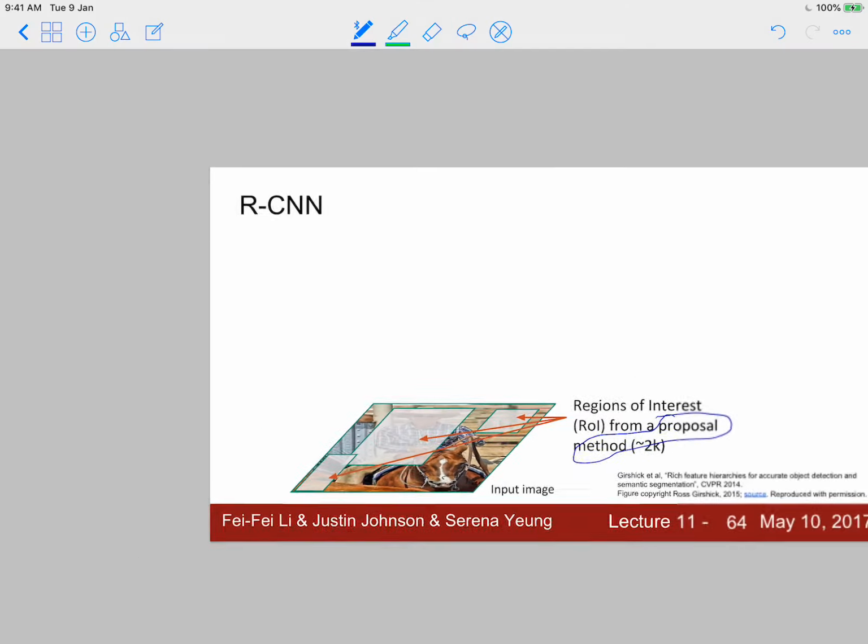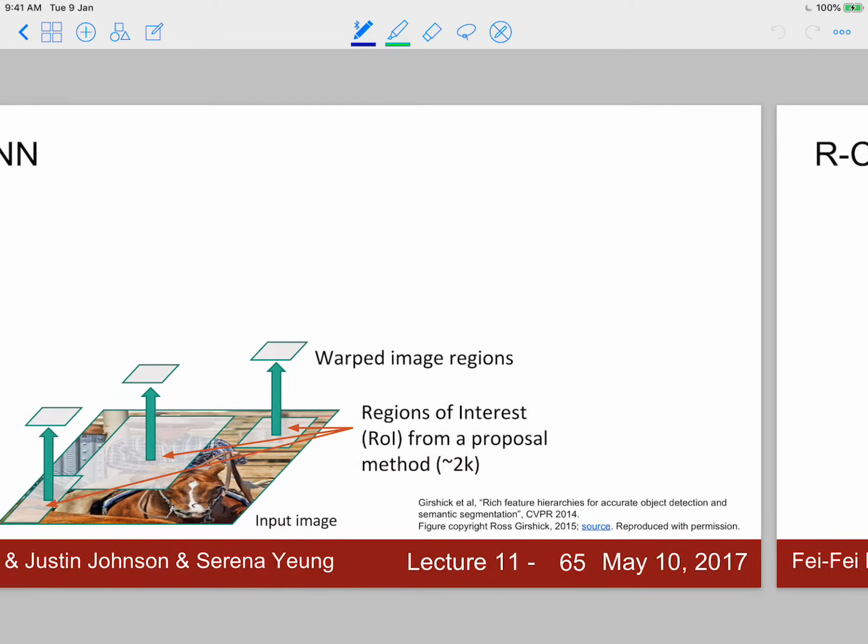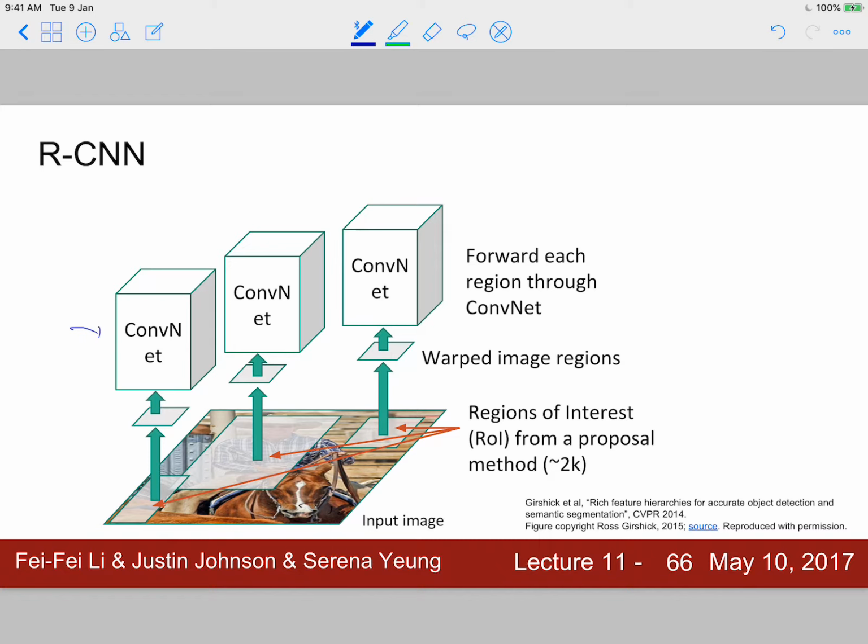Per image, around 2,000 different bounding boxes, or regions of interest, are proposed, and then for each region, we actually crop that image and just go through our convolutional neural net. So that is the original RCNN.